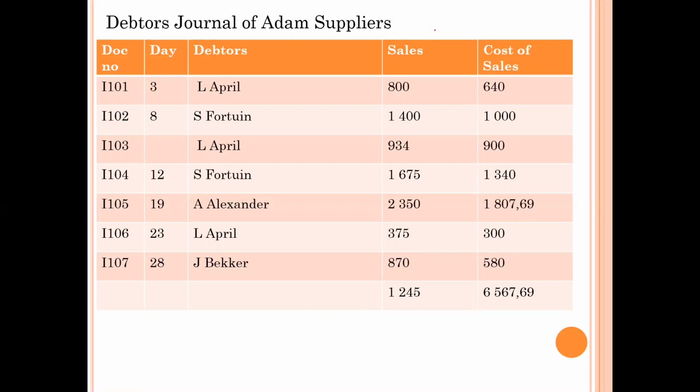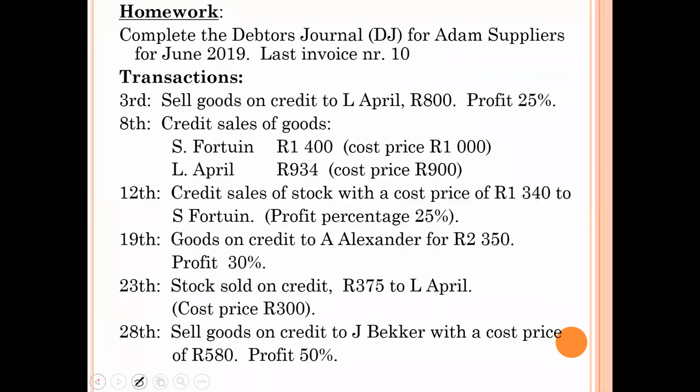Okay, I've seen now regarding the invoice numbers. It's my mistake, sorry. You are absolutely correct there. Let me just go back to the previous slide show so I can show you. Right, last invoice number 10, okay?